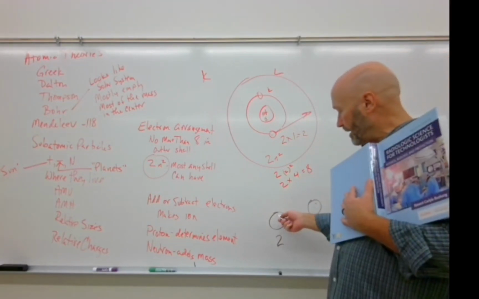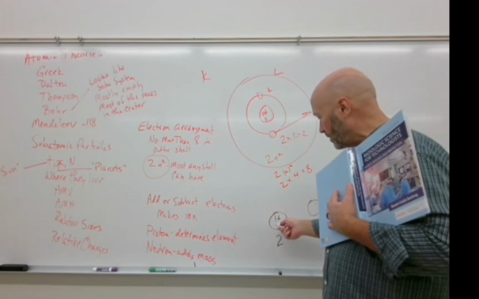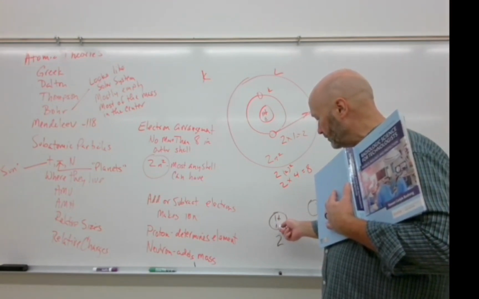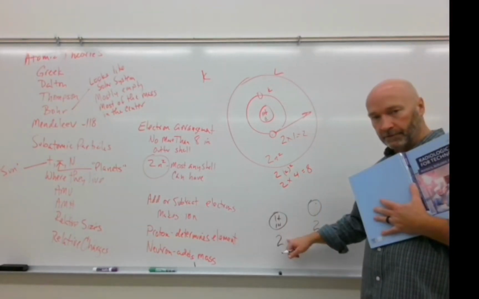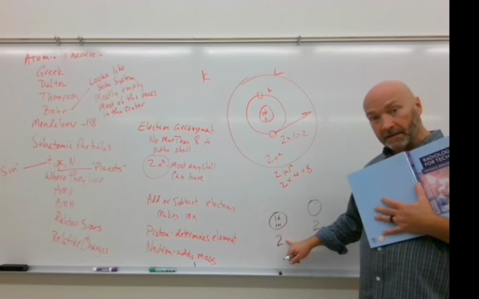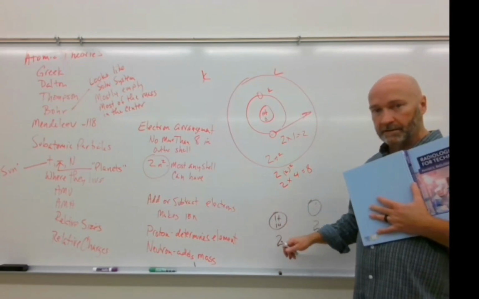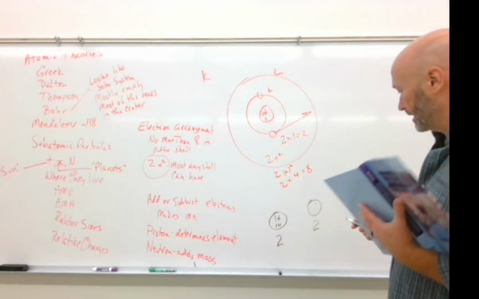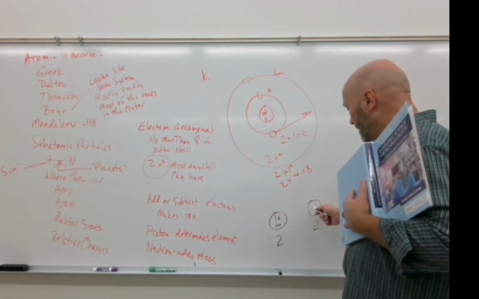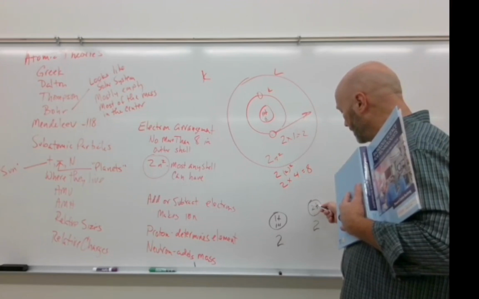So maybe what I've got over here is one positive charge and one neutral charge. Would that give me an atomic mass number of 2? The answer is yes, because for the atomic mass numbers, we just add the protons and the neutrons. Over here, though, let's say we've got 2 protons.